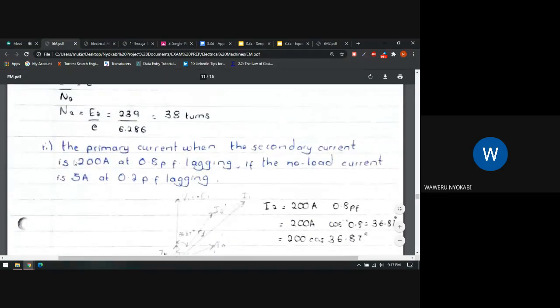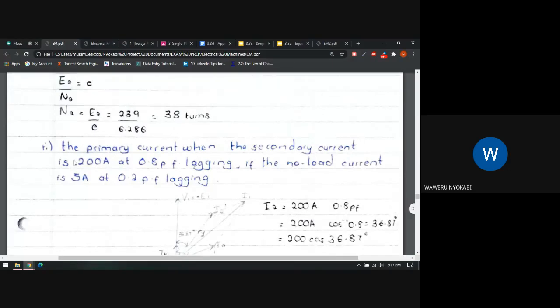Then the other question was that we're supposed to get the primary current when the secondary current is 200 amps at 0.8 power factor lagging, if the no load current is 5 amps at 0.2 power factor lagging.